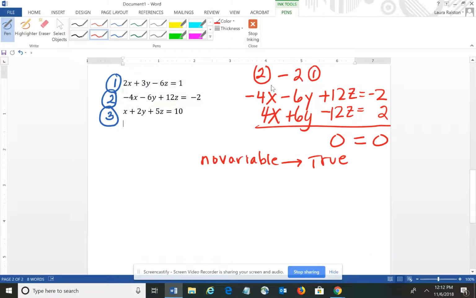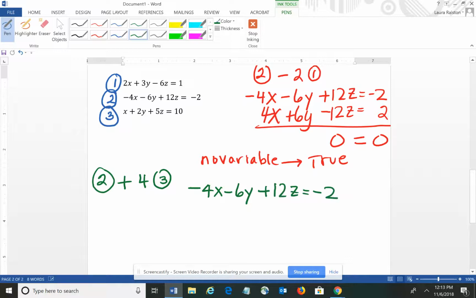Let's double check and see what happens when we do equation 2 plus 4 times equation 3. So I have negative 4x minus 6y plus 12z equals negative 2.